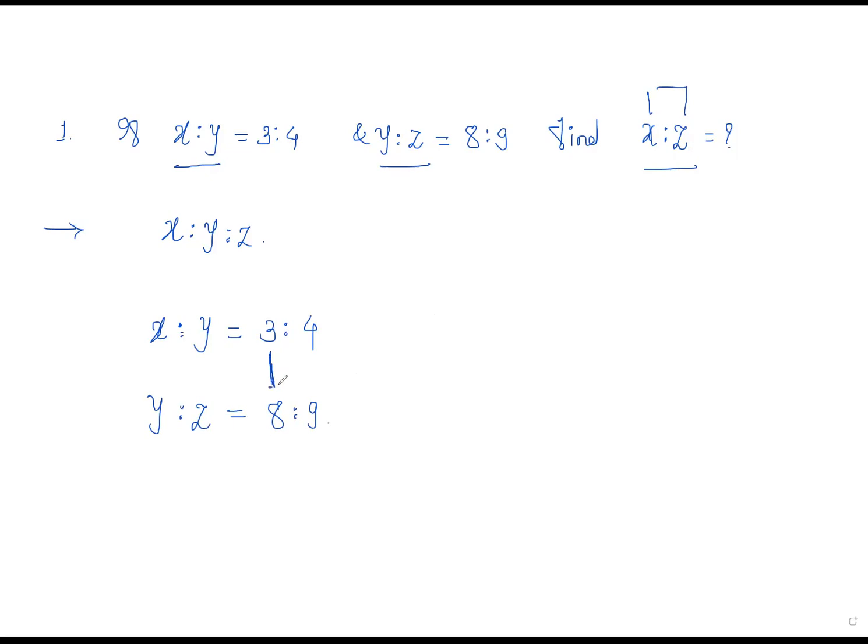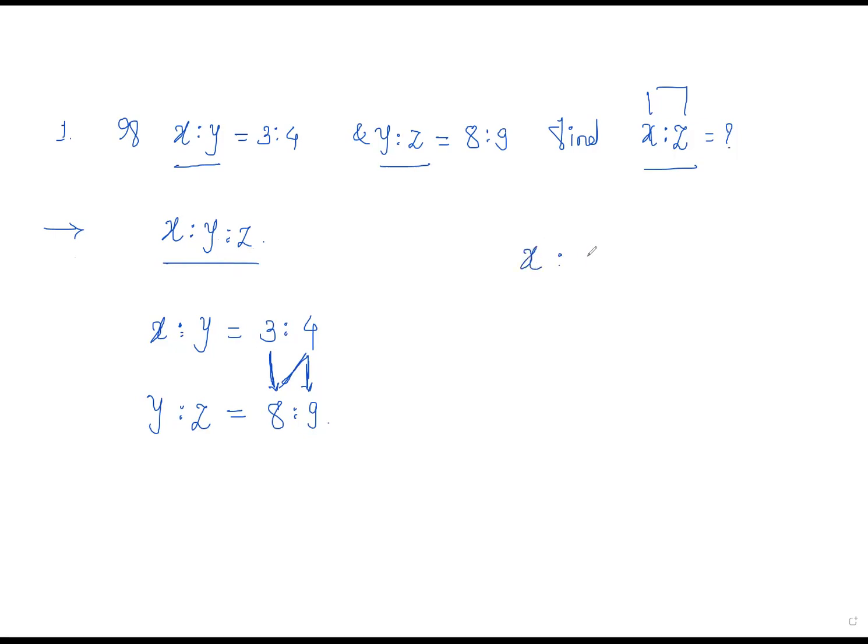Multiplying these two, then multiplying these two, and then multiplying these two. Look at this. To find x is to z, we first find x is to y is to z.